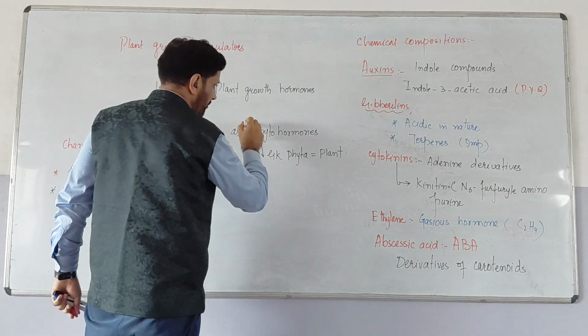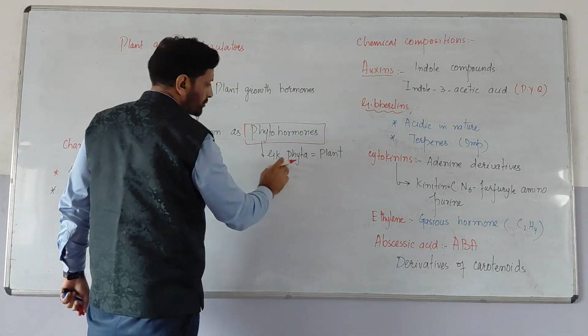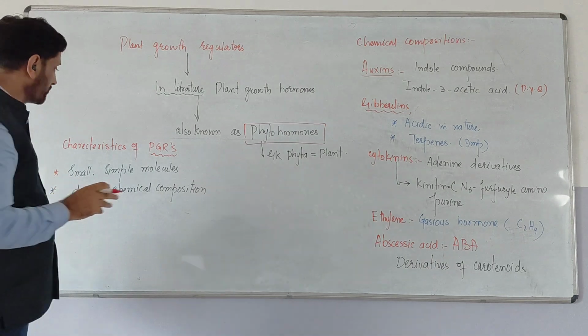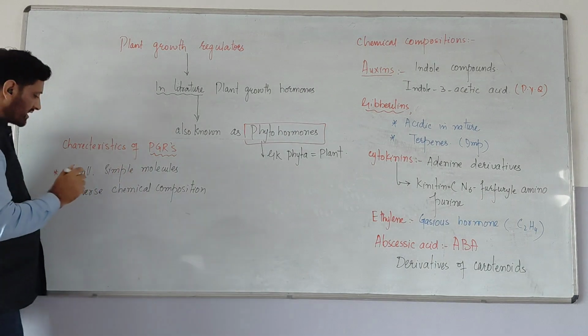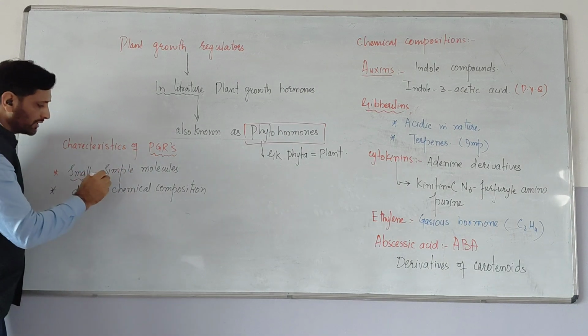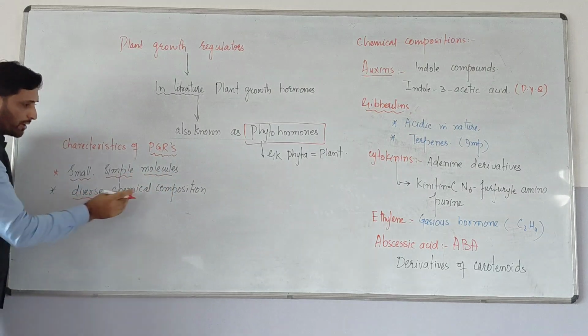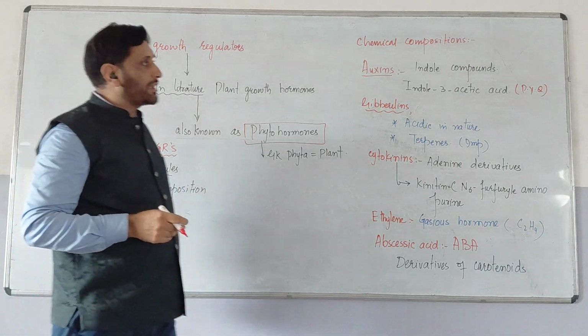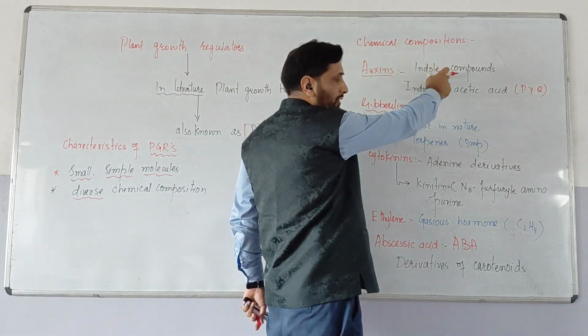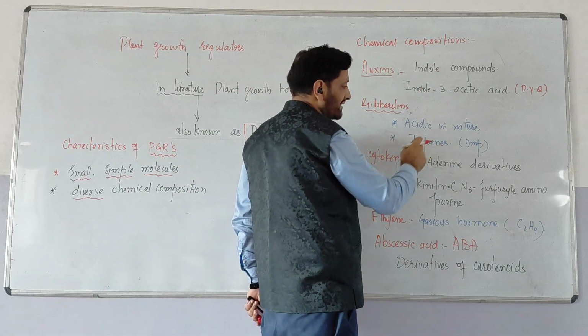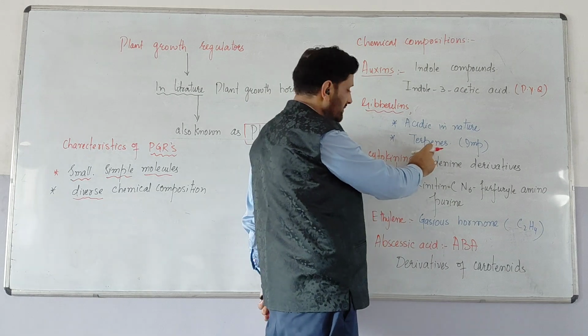This is the important question for you. Phyto means plant, and these are plant hormones, so that's why they are called plant hormones. The characteristics of PGRs are that they are simple molecules having a diverse variety of chemical composition. Auxins are indole compounds, indole-3-acetic acid. Gibberellins are acidic in nature. They are derivatives of terpenes.